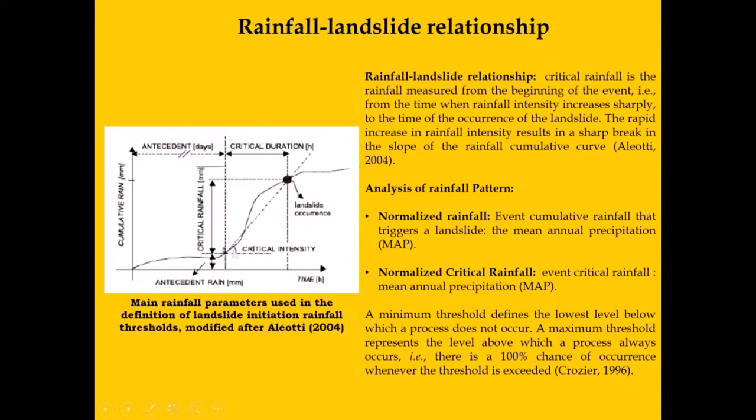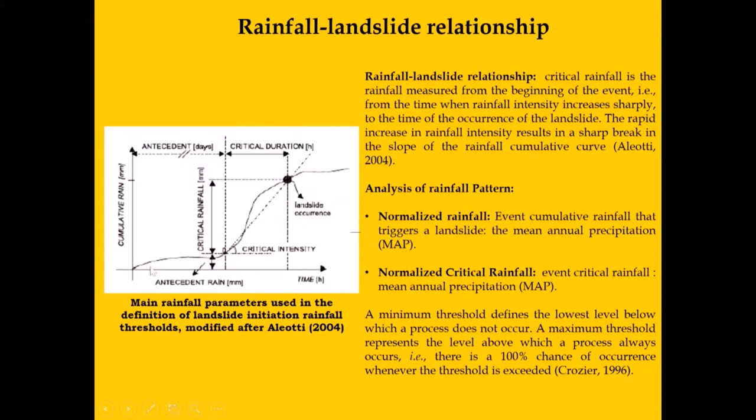Please understand, this steep slope of the rainfall is important. This is what we call the trigger of the landslide. But what about this? In engineering geology, if we need to understand the role of antecedent rainfall in landslide occurrence, it is very important to acknowledge the role of this factor.